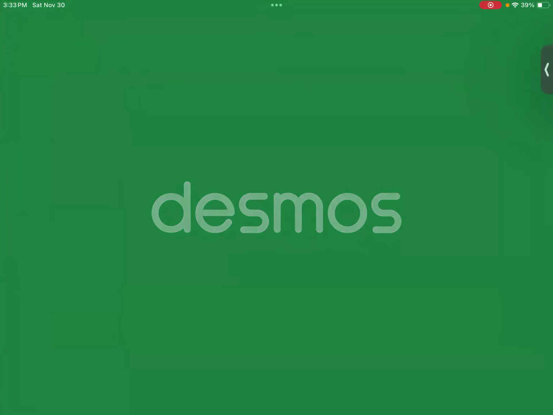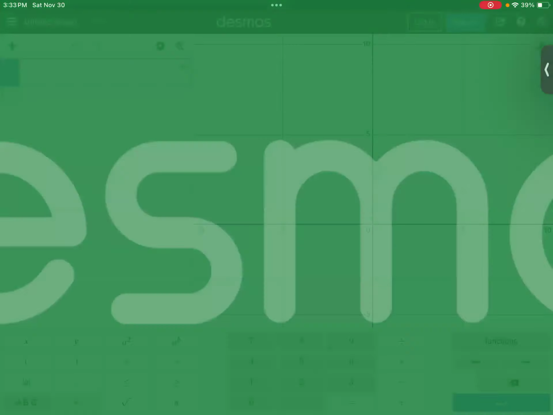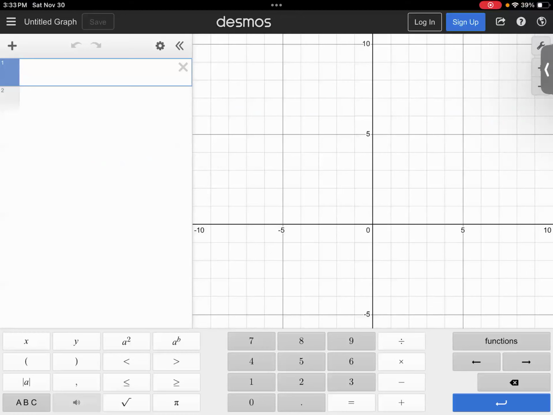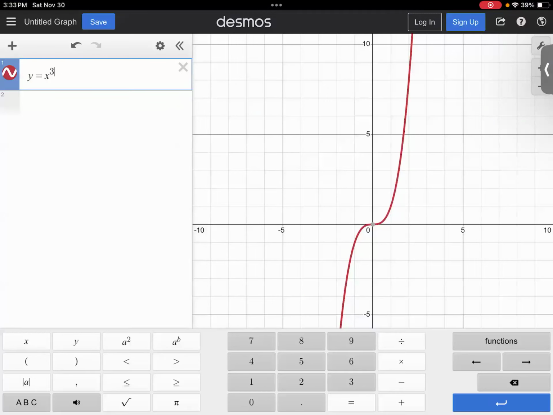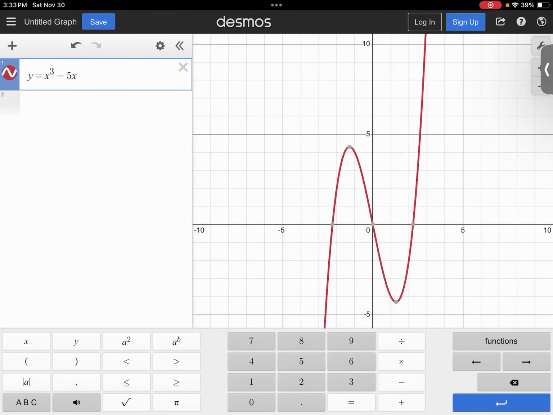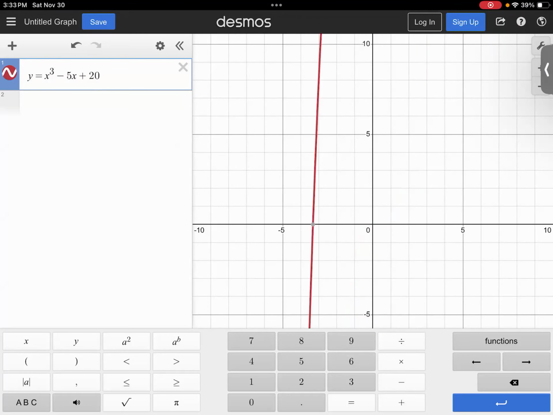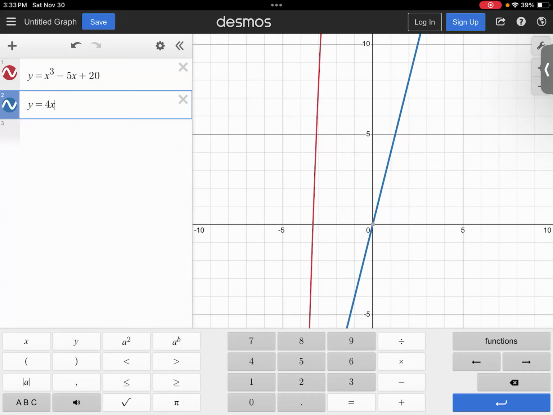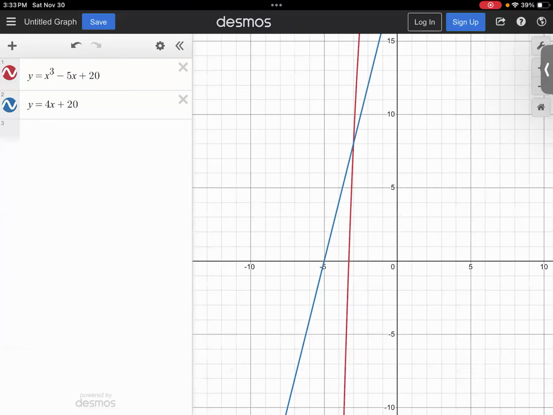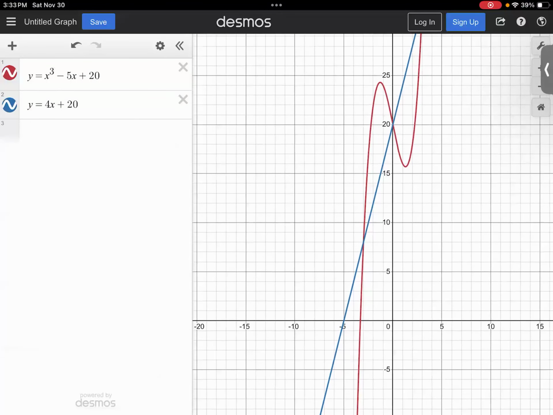Here I will have y equals x cubed minus 5x plus 20, and y equals 4x plus 20. Let's see where both of these functions intersect.